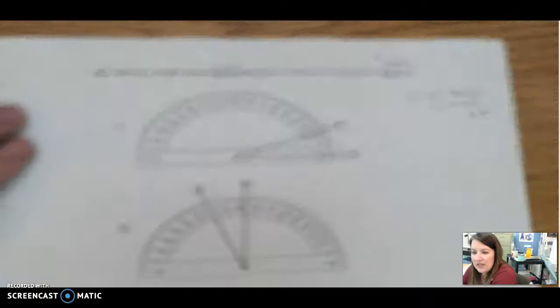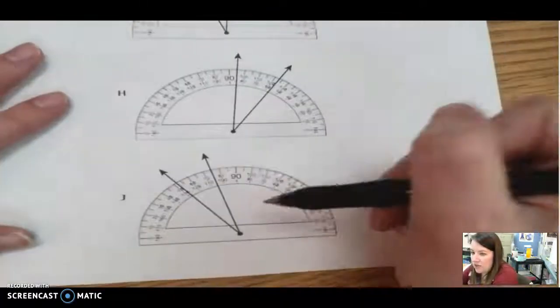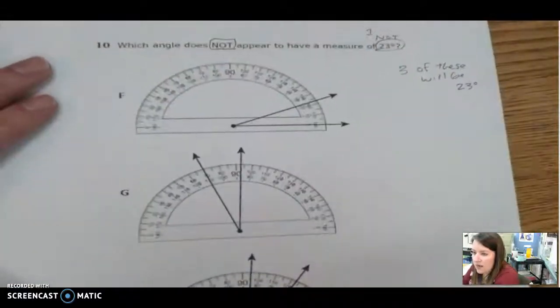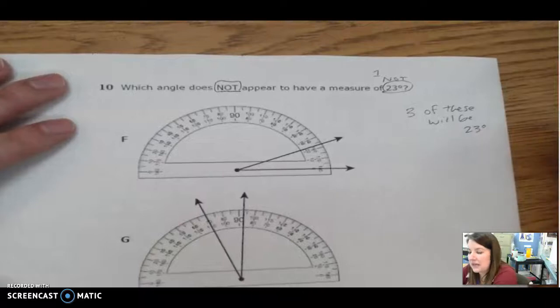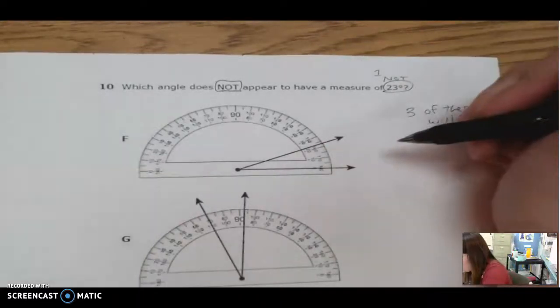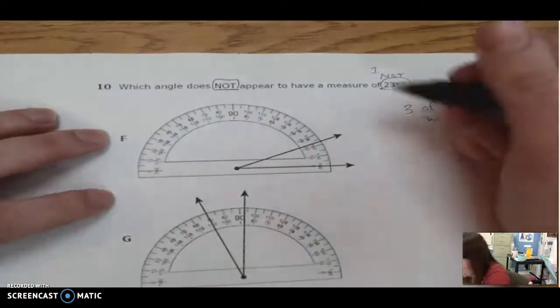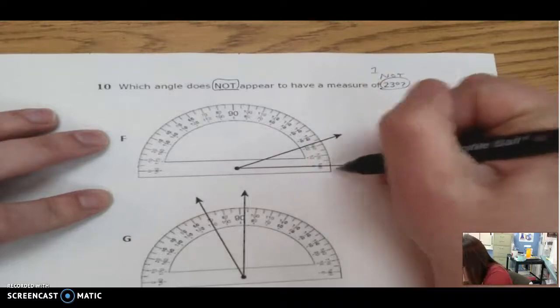For a question like this, you're going to have to check each and every answer choice to find the one. I can't just do this once. I'm going to have to do it 4 times to see what the measure for each of these is. Let's take a look at this first one. All right, F, let's read the protractor. This one starts at 0, it's nice.